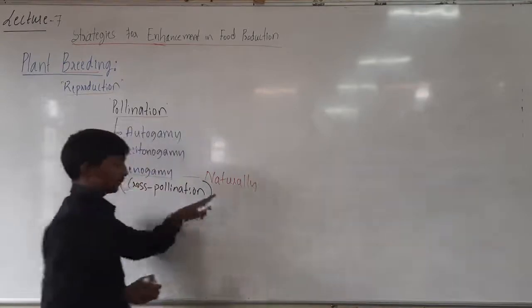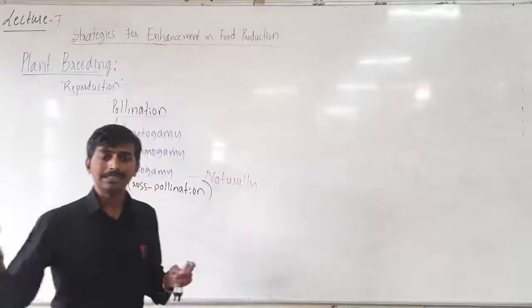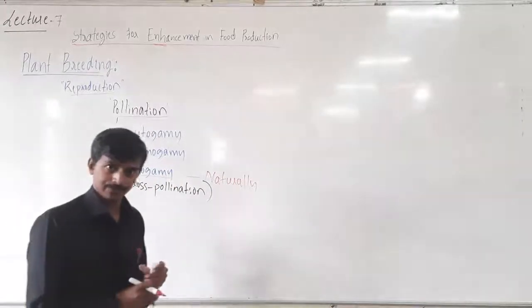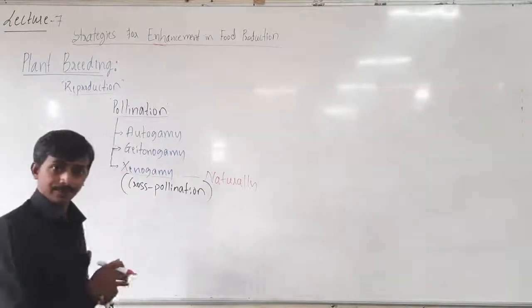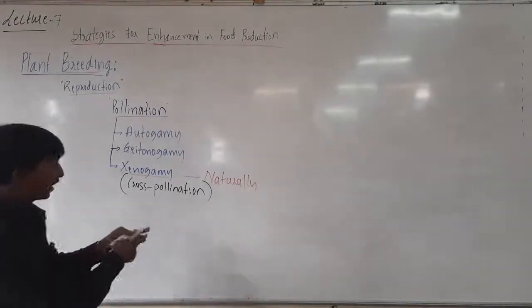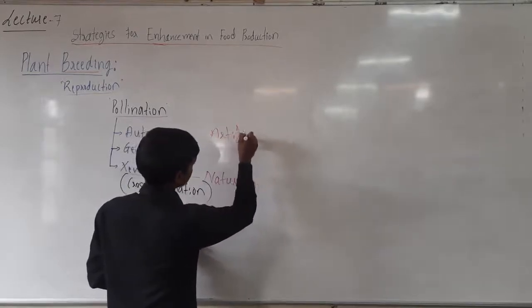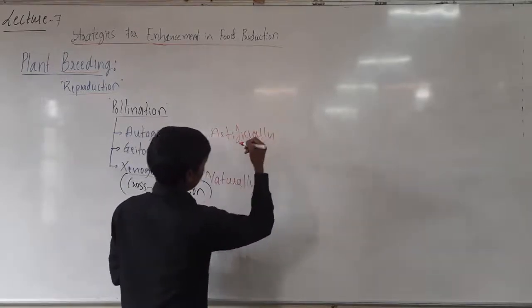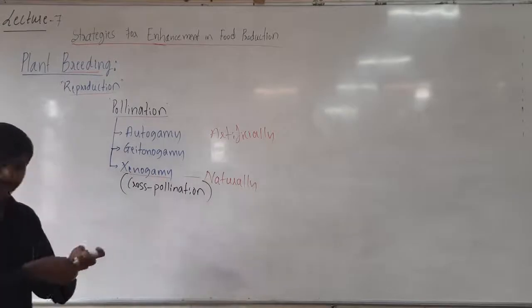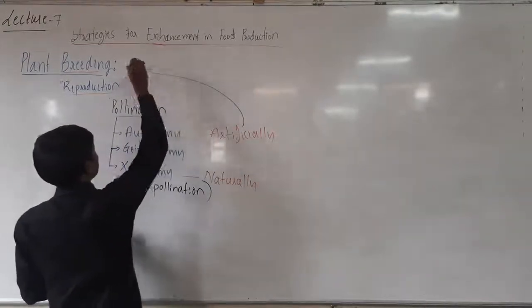Okay, here this process occurs naturally in plants, either by the wind, by insects, by any other agent, or water, etc. The same process can be done artificially. When the same process, xenogamy, is done artificially, then it is called breeding.